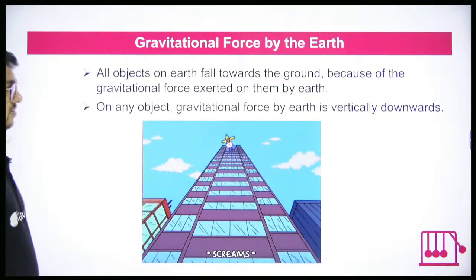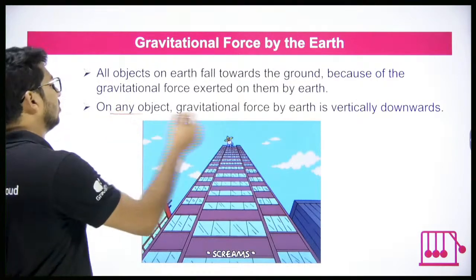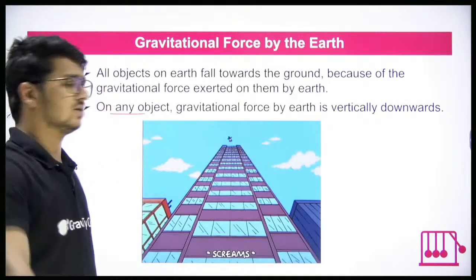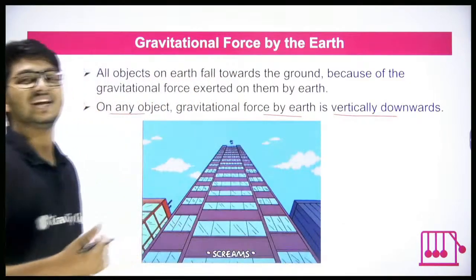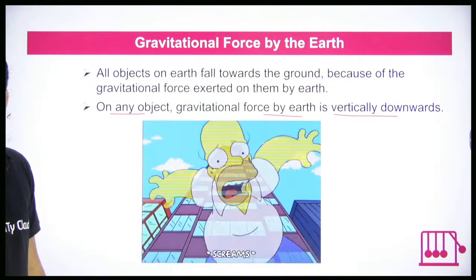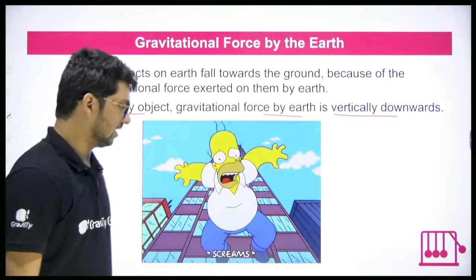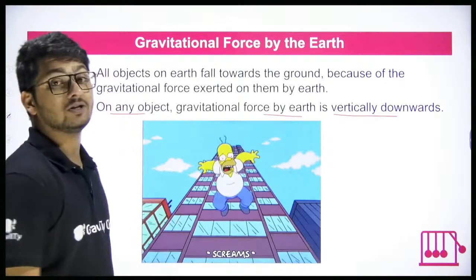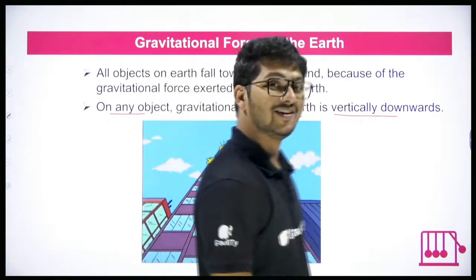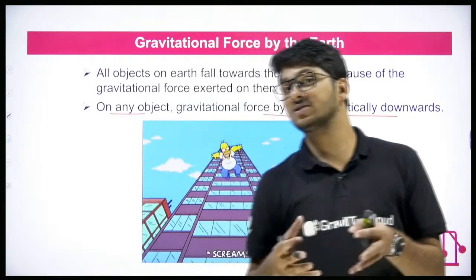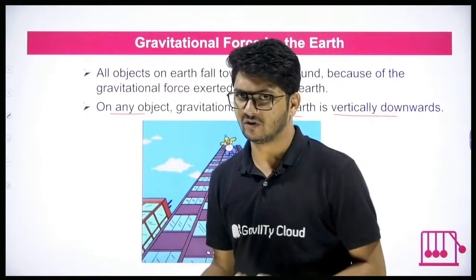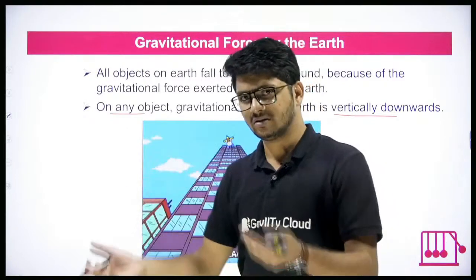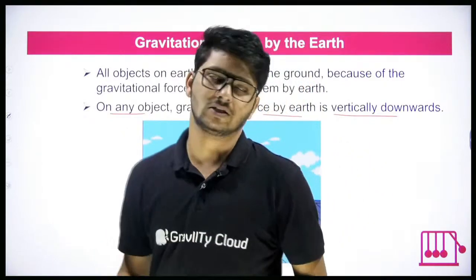Yes? And on every object, gravitational force by earth is vertically downwards. You can see there's a person jumping down, and when he jumps, he falls down but does not go up. Why? Because of gravitational force by the earth. Okay, that's fine. There is gravitational force by the earth on the objects situated on the earth, obviously.